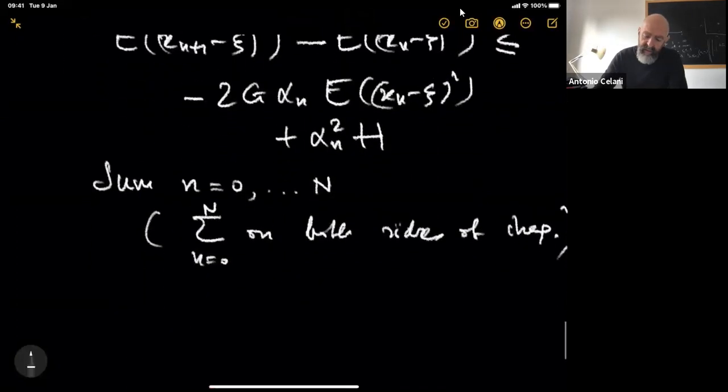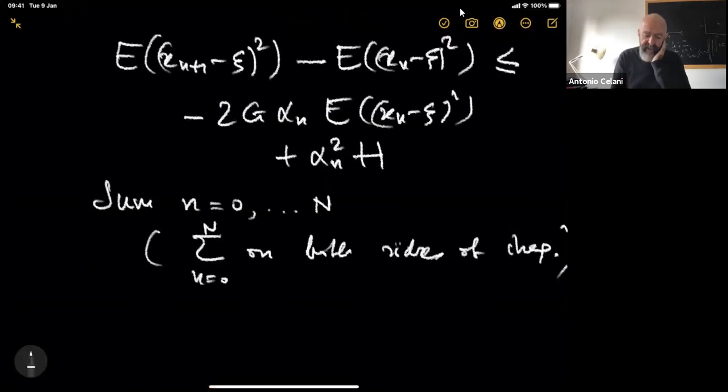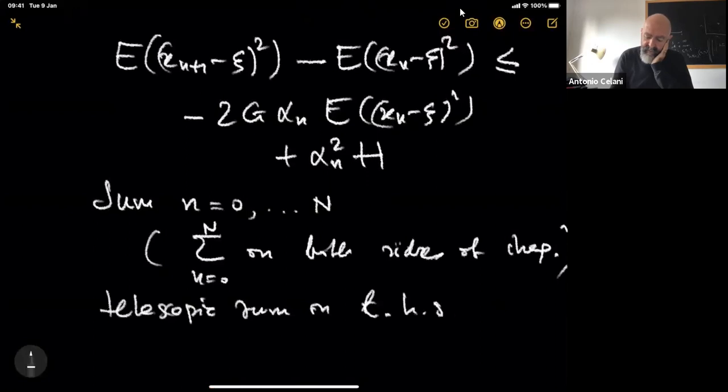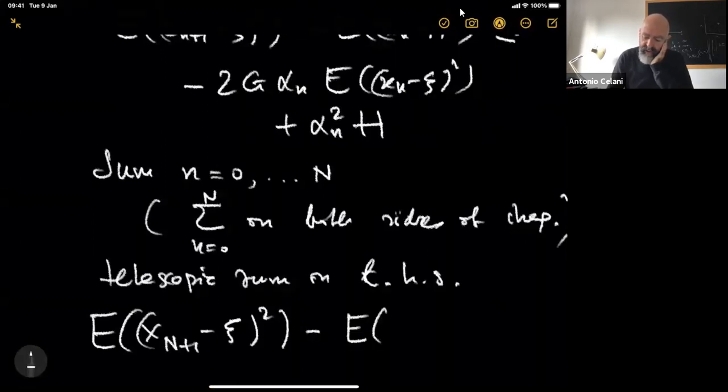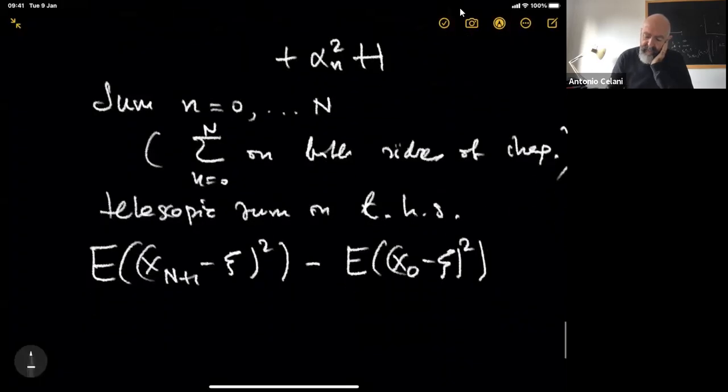If I do the telescopic sum on the left-hand side, what I get is the expectation of x_{N+1} minus psi squared, minus the expectation of x_0 minus psi squared, is less or equal than, and here I have to do nothing but rewrite the sums.